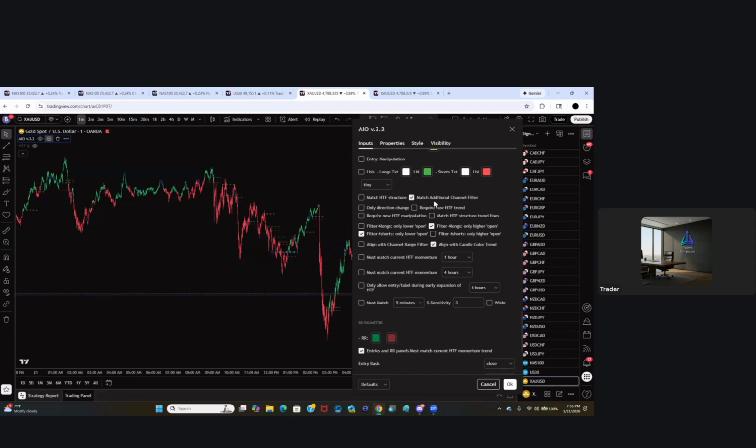I have this match additional channel filter. We just added that a couple weeks ago. Super powerful. It really improved the win rate in the software. I have these 2 right here where we only show lines that have higher opens than previous lines for longs, and then opens that are lower, shorts that are lower than the previous shorts.